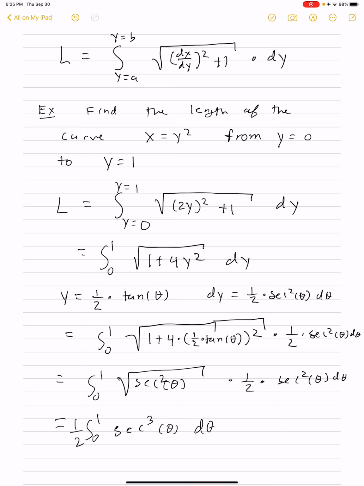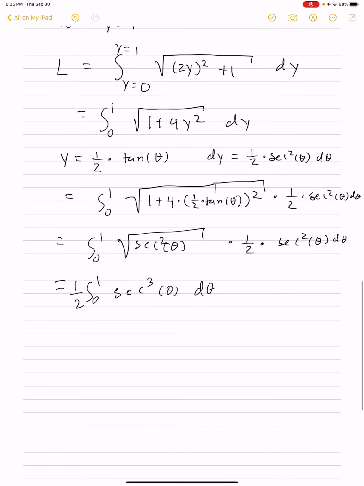The answer is, we've seen this integral before, and I'm going to quote what that integral is. But just in case you didn't remember what this antiderivative is and how we'd calculate the antiderivative of secant cubed, it would be an integration by parts. This is not one of the nice cases of secant, because secant is to an odd power, and that's the case that gets really difficult.